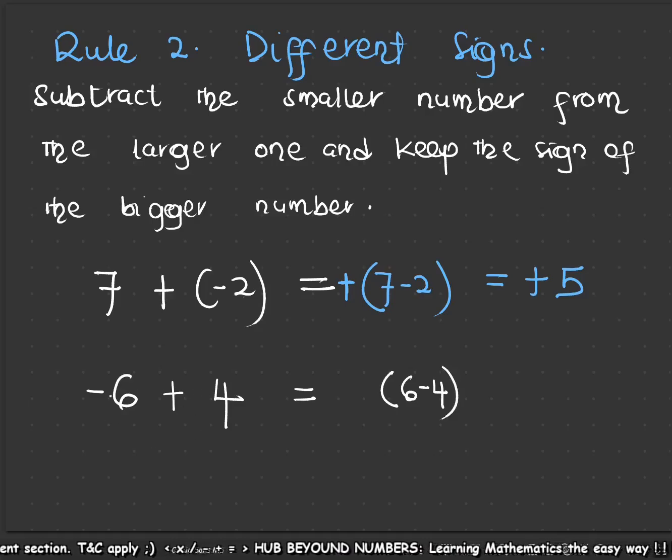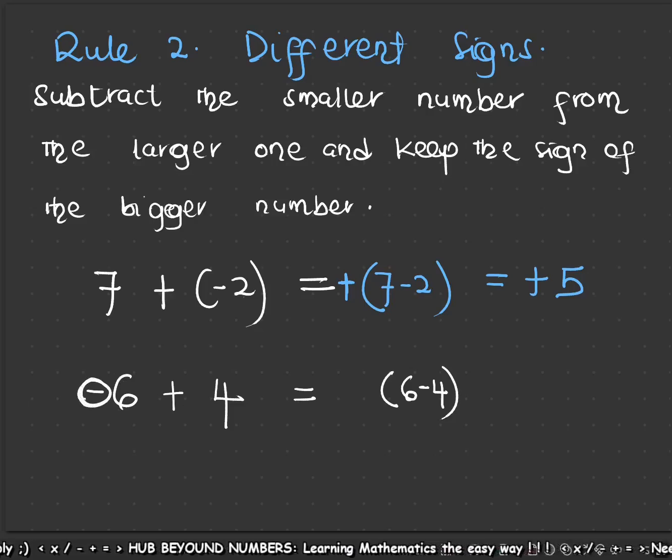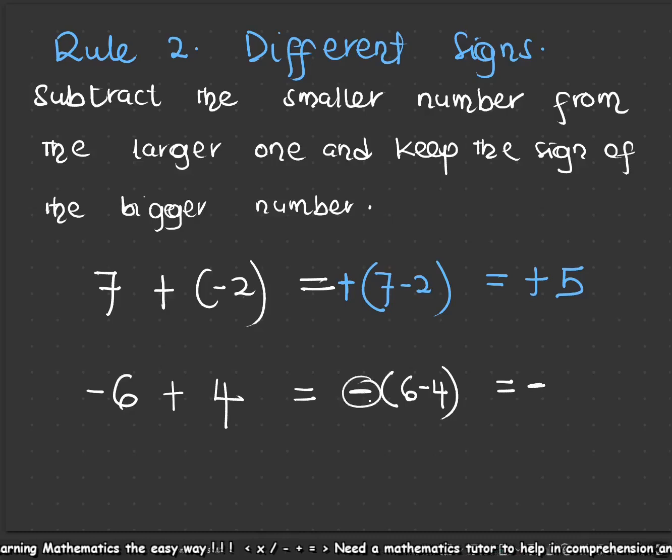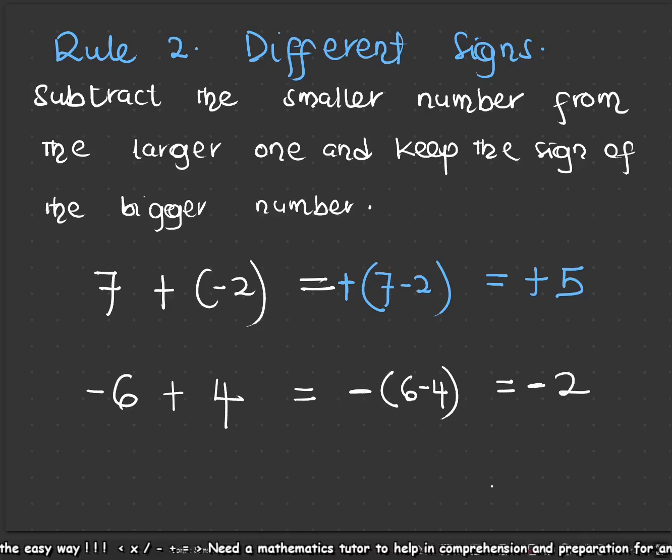Among these two, if 6 is bigger, then our final answer should take the sign of the 6, so that we have negative. So this negative 6 minus 4 gives us 2. So our final answer is negative 2.